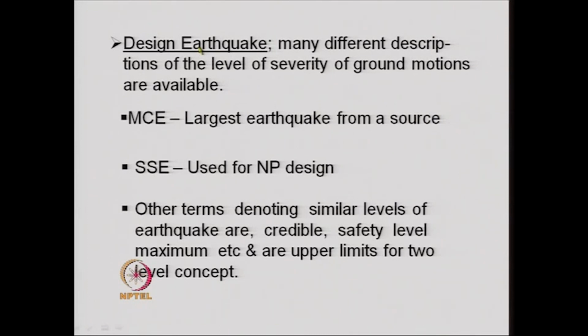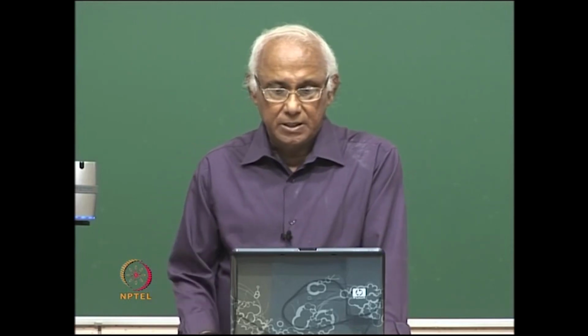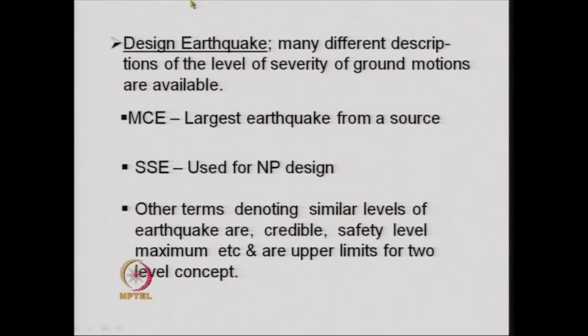Now we come to the different levels of earthquake that are described in the earthquake literature. The design earthquake generally specifies a certain value of peak ground acceleration, and from that peak ground acceleration one can also estimate the expected peak ground acceleration for the extreme earthquake.